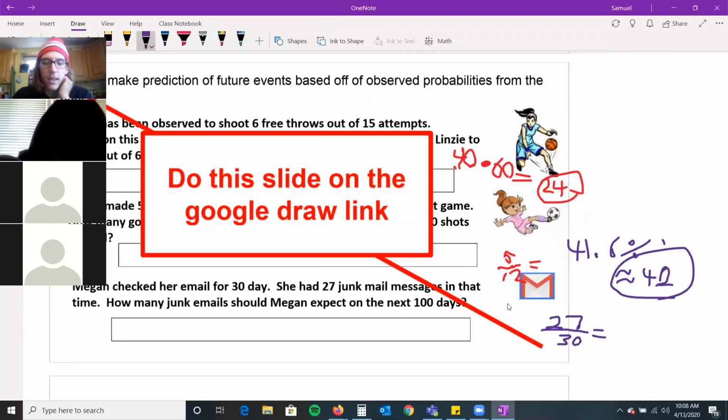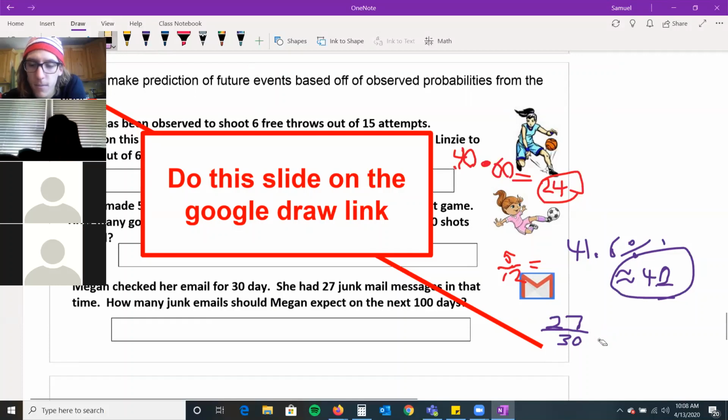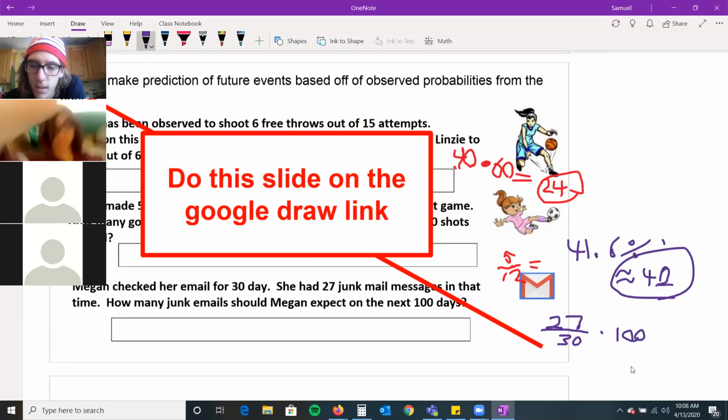And then if she checked her email for 30 days, she had 27 junk mail messages in that time. So how many would she expect in 100 days? Well, we'll do the same thing here. We'll say 27 out of 30, and we'll multiply it by 100. That's what I should have done here, multiply by 100 and see what we get.